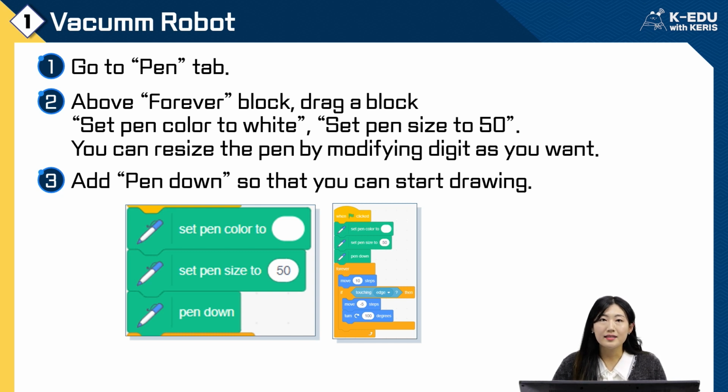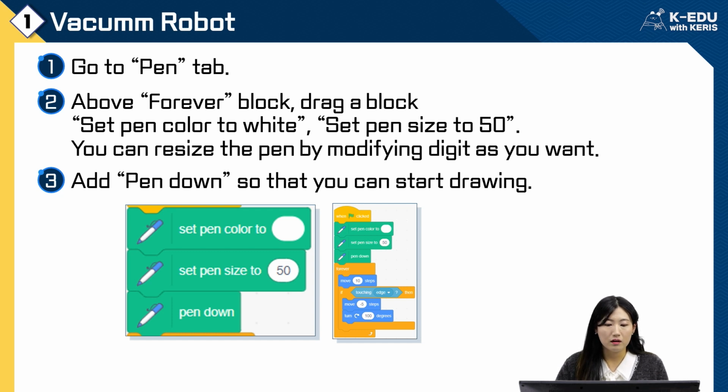Next, let's add a drawing function with a white pen so that it will look like the backdrop is erased. For this function, we have to put the pen related blocks before the other codes run. First, go to the Pen tab.